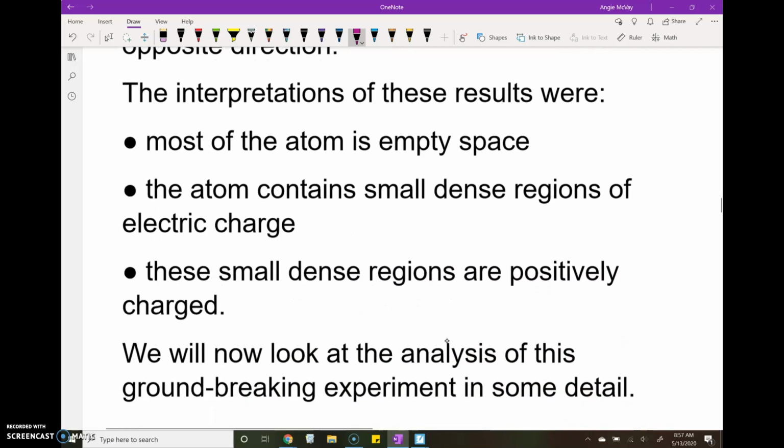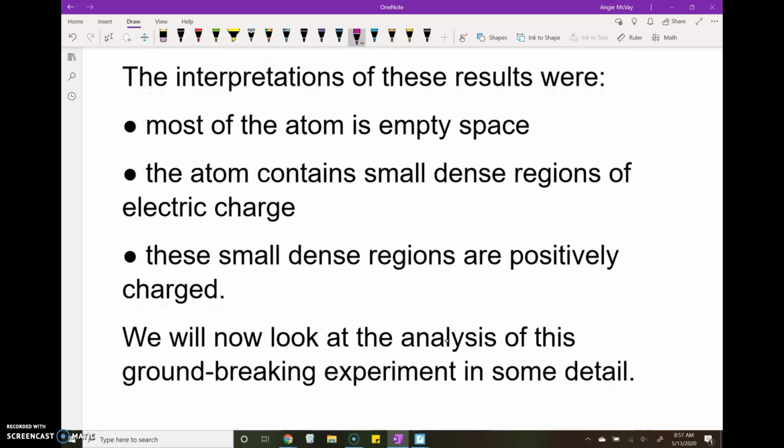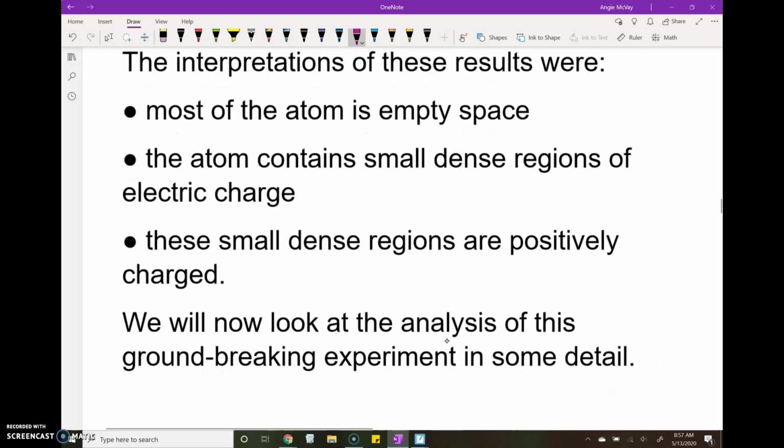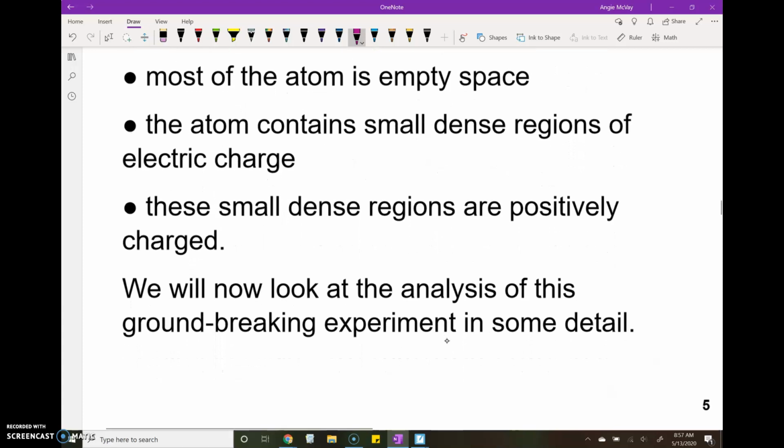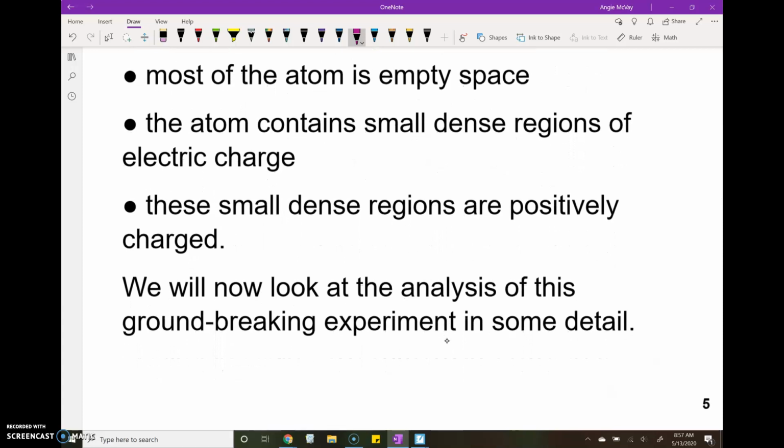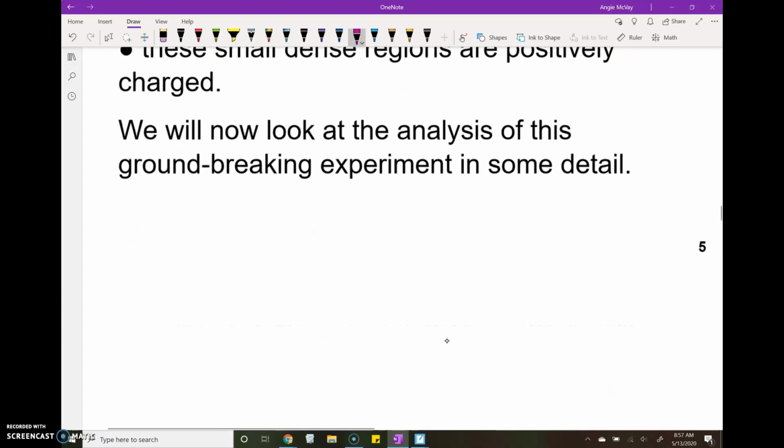The interpretations of the results were: most of the atom is empty space. The atom contains small, dense regions of electric charge. These small, dense regions are positively charged. Okay, and then we'll look a little deeper into another one of the results in a little more detail.